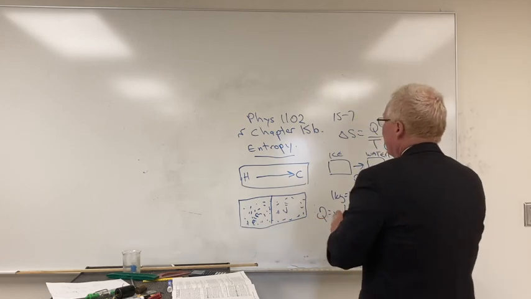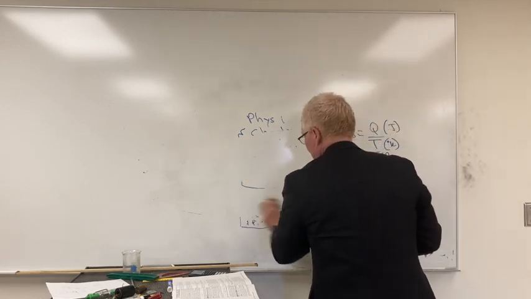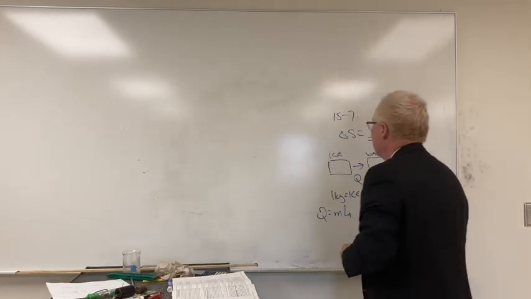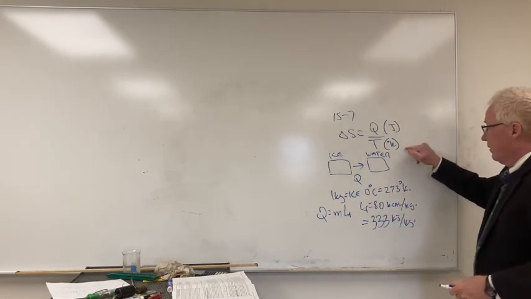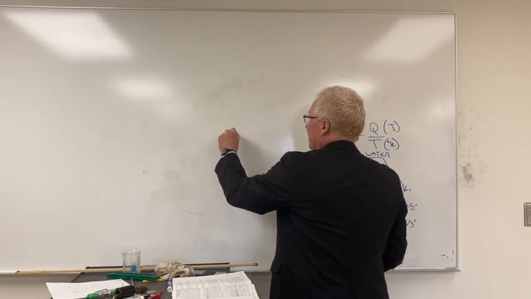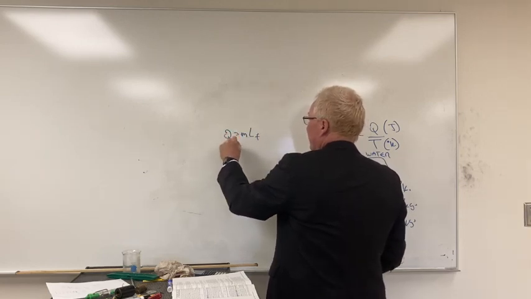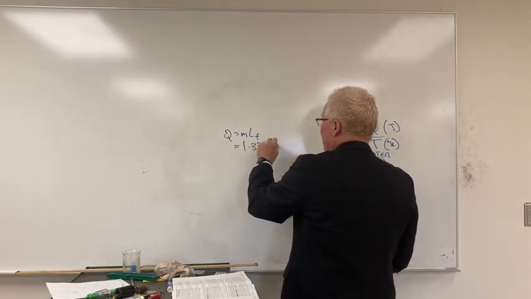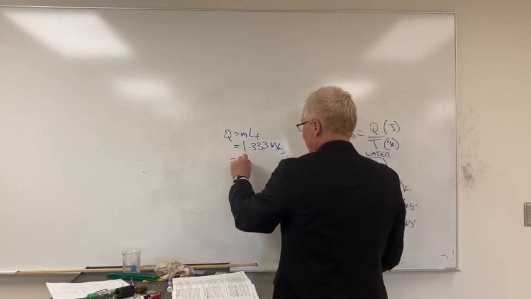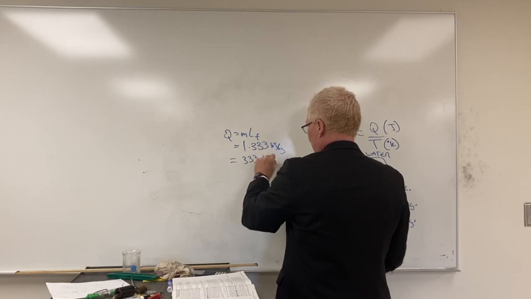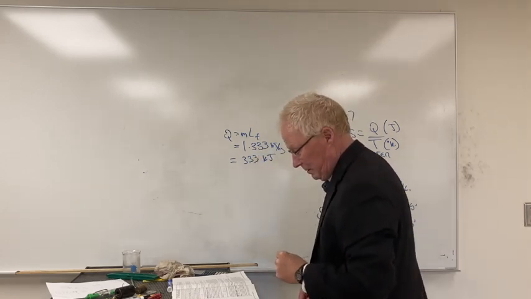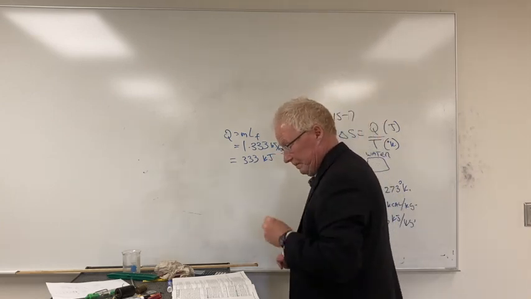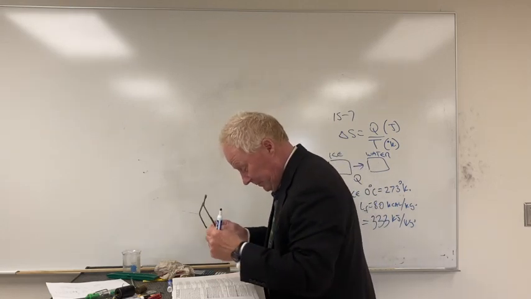And so we'll erase this, we'll then calculate Q. Q will be mL_F, which would be 1 times 333 kilojoules per kilogram. So that's 333 kilojoules. Okay.